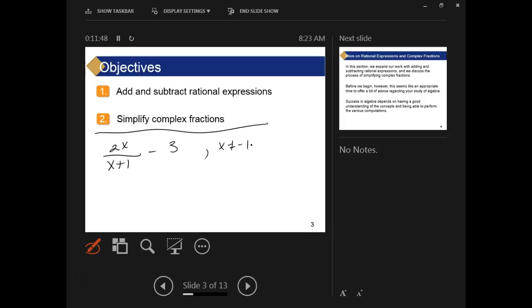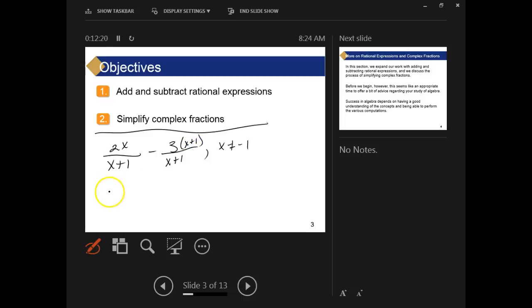Now, what are we going to have to do to do this subtraction? What do we need to have? The same denominator. And we only have 1, so we know this denominator has to become an x plus 1, right? But if you multiply the denominator, what was the denominator before? 1. Multiply that by x plus 1, that means you have to multiply the numerator by x plus 1.